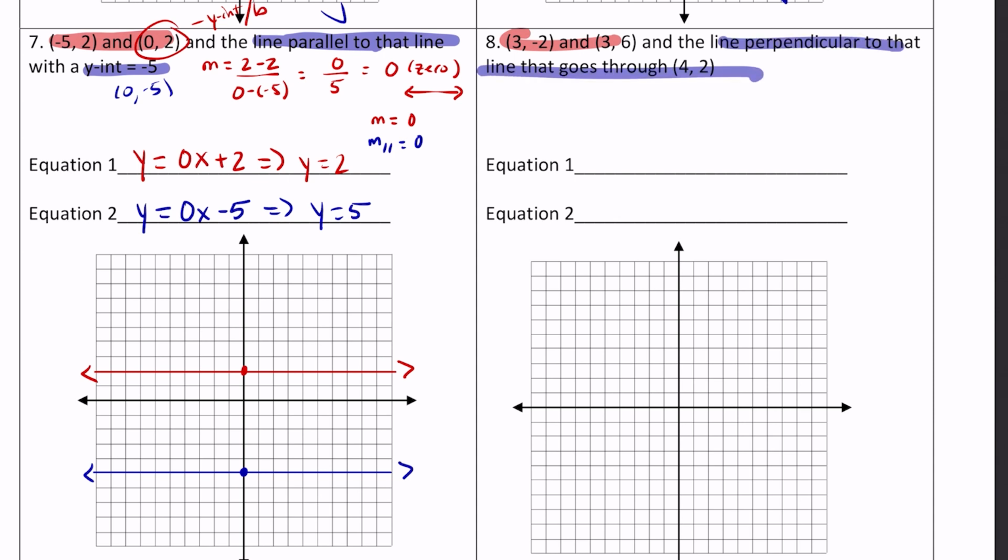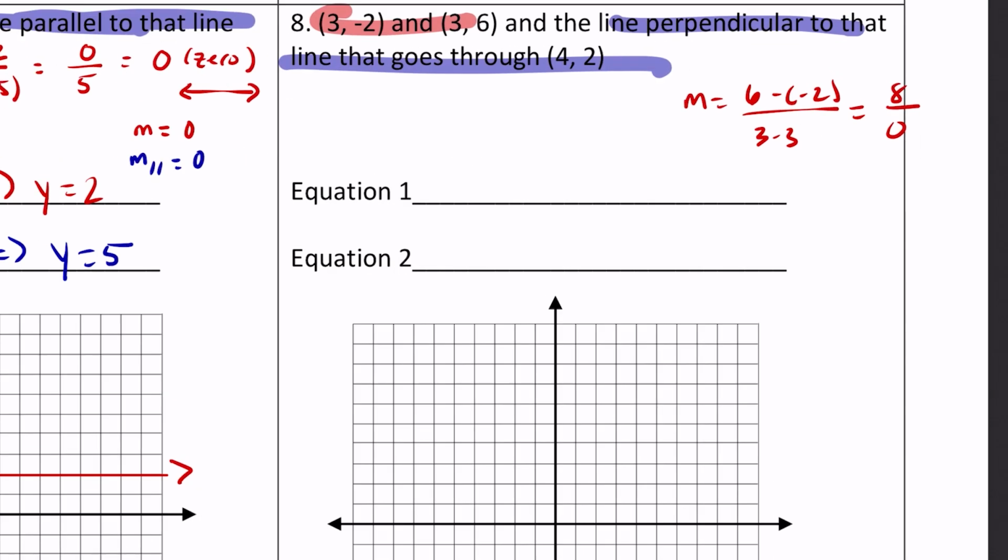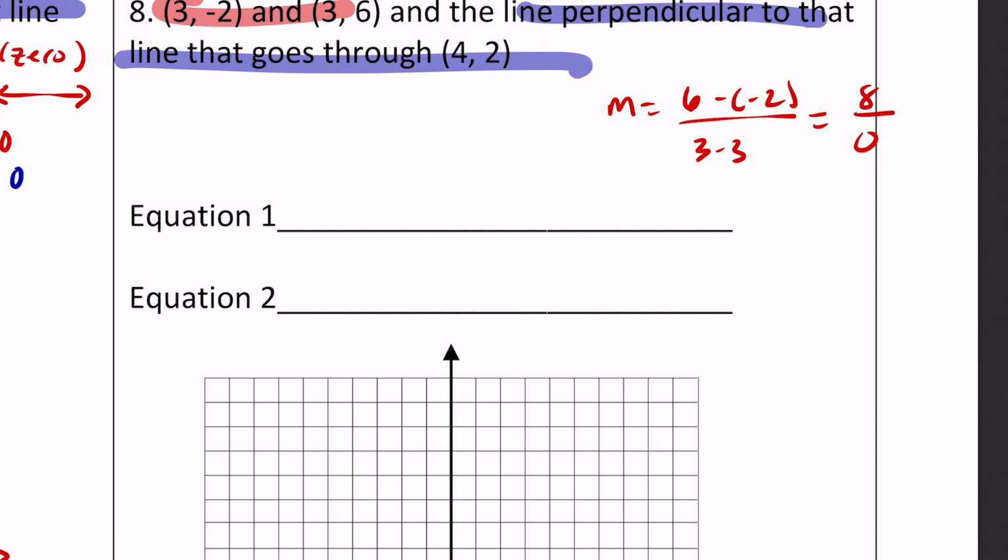So then I do that, it's just going to be 8 over 0. And then when you have a 0 in the denominator, you need to write undefined. You don't write 8 over 0. You need to state undefined. So that means undefined, which should look like a vertical straight line, okay?